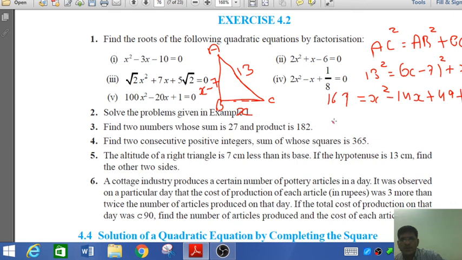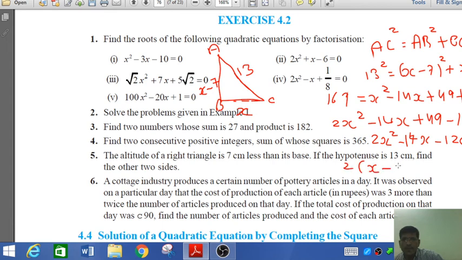So x square plus x square, that is 2x square, minus 14x plus 49 minus 169. So 2x square minus 14x minus 120. Taking 2 common, x square minus 7x minus 60.